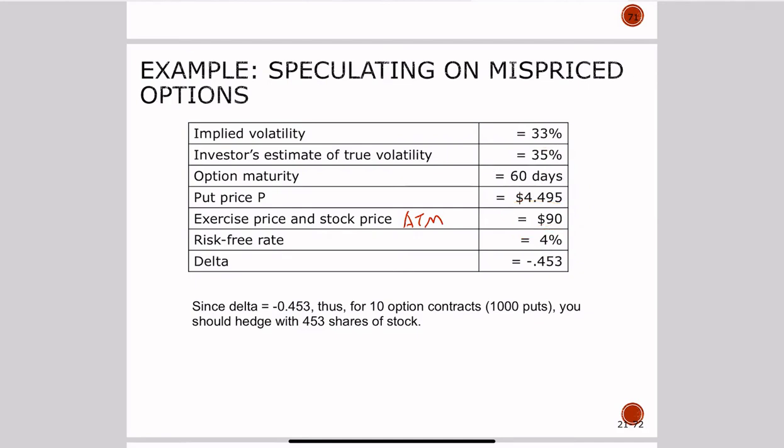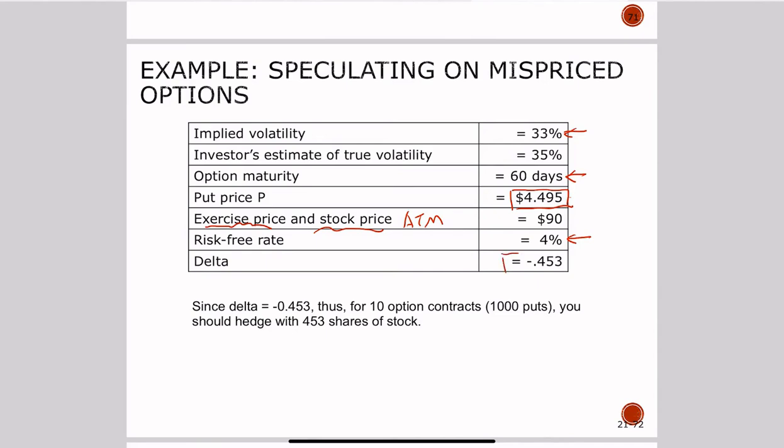You need 5 inputs. That is, you need implied volatility, and you need time to maturity, and you need risk-free rate, and you need exercise price and stock price. So you can see that we exactly have 5 inputs here. So this will give us a put price of 4.495. As an exercise, you can actually verify this using Black-Scholes formula. I know it's a long process, but you could practice how to use that formula, right?